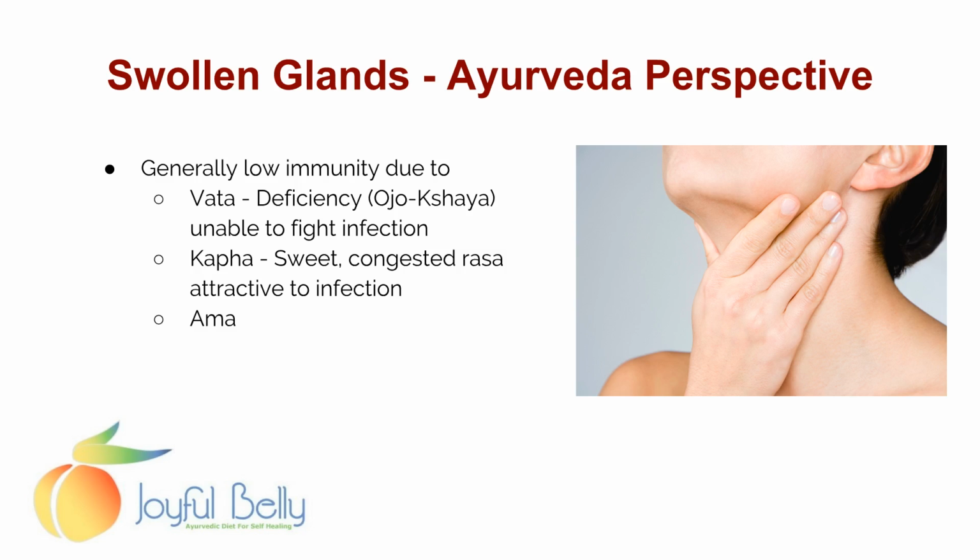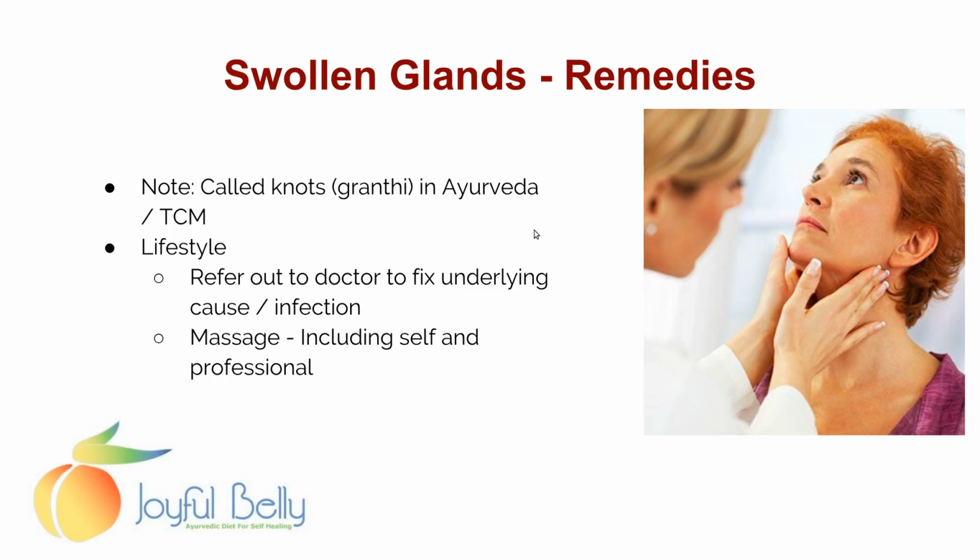And then, of course, if it's thick and not flowing well, then the immune system has a hard time getting to that area, which gives an opportunity to bacteria to infect. Usually, or often, ama is associated with this pathogenesis. So we'll have deficiency, or we'll have kapha sweetness, and then that plus ama. And the ama is irritating just enough that it causes, ultimately, infection.